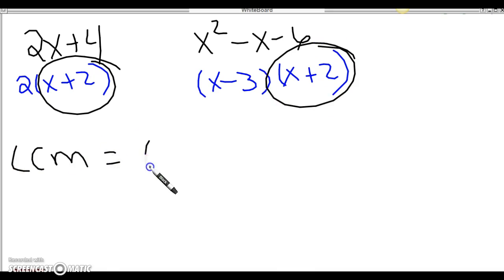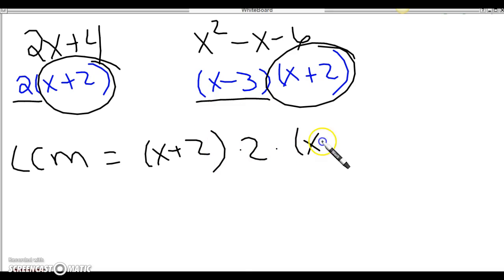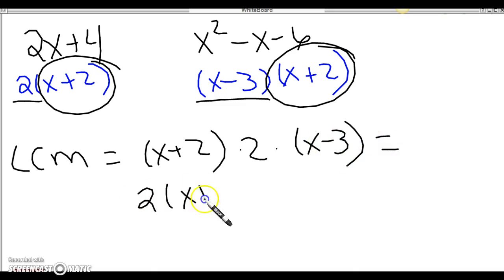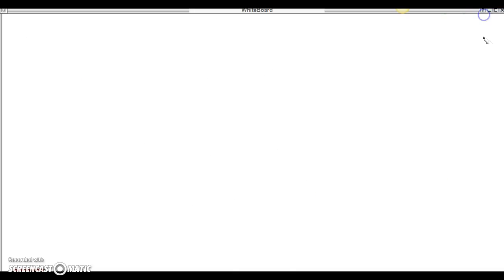They both have an x plus 2 in common. Then I write down what they don't have in common, which is 2 and an x minus 3. So when I multiply that out, I get 2 times x plus 2 times x minus 3.